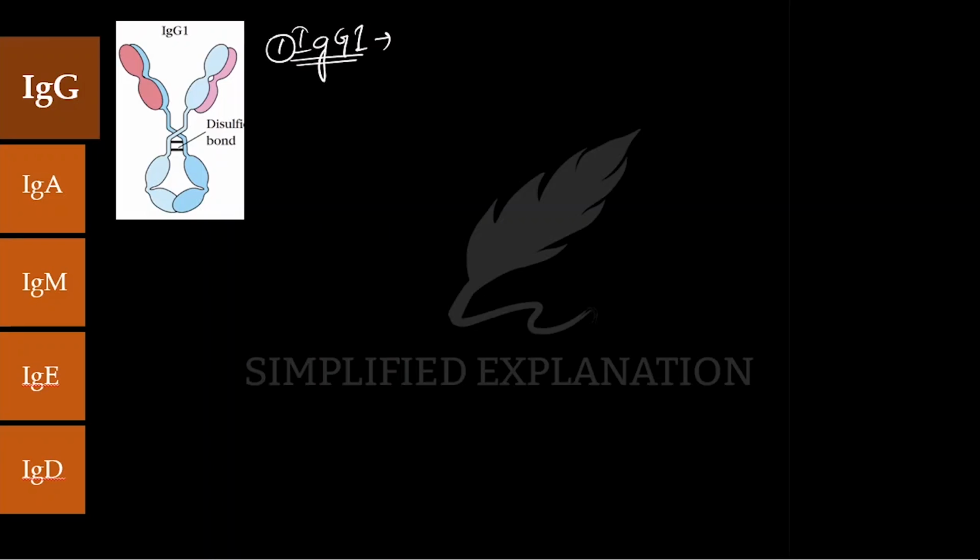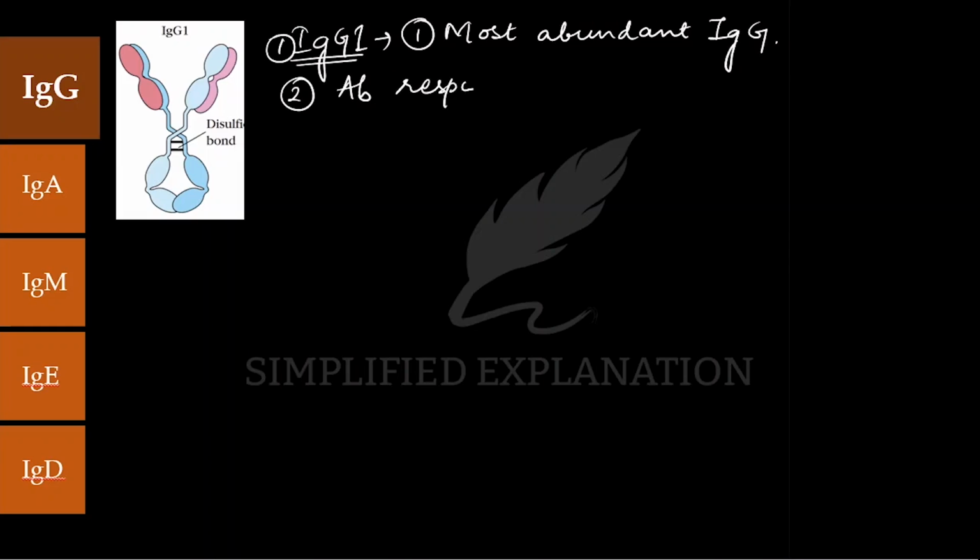So that means this is the most abundant IgG, and it is important in mediating antibody responses against viral pathogens. And how does it do that?